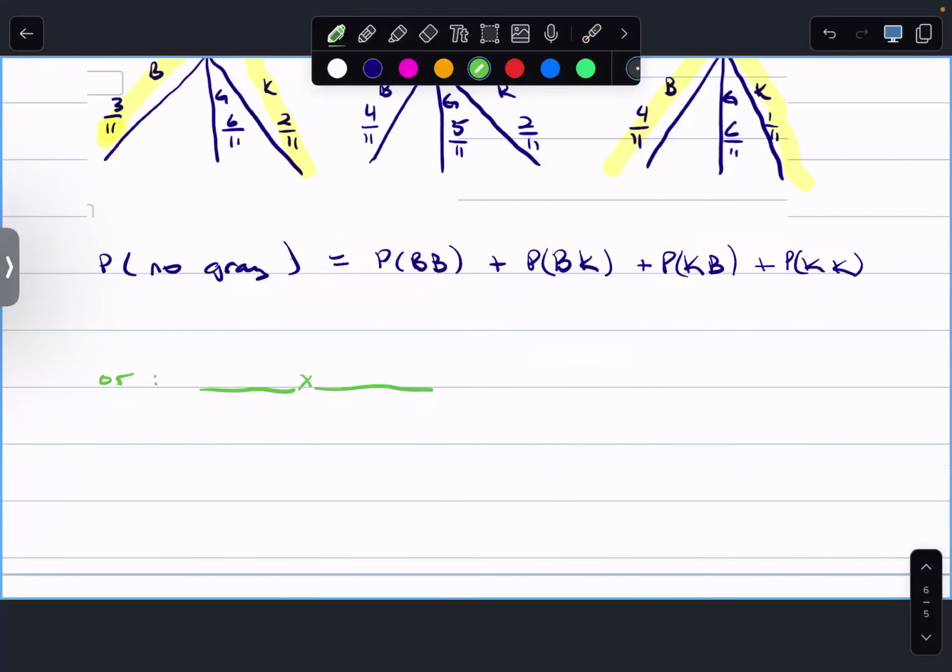And so here I have 6 out of 12 that are not gray, which means that if I've already pulled a not gray and the second one also has to be not gray, then I have 5 out of 11 left for not gray options. So you could do that as well, right?